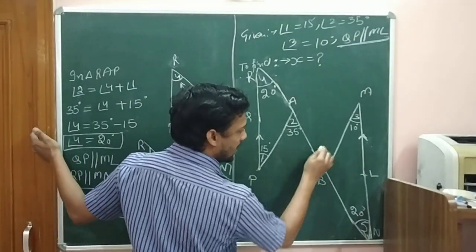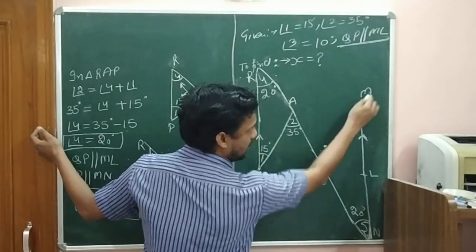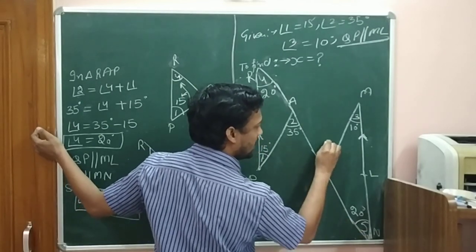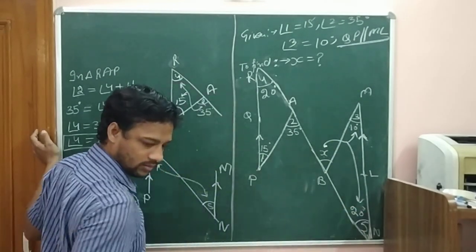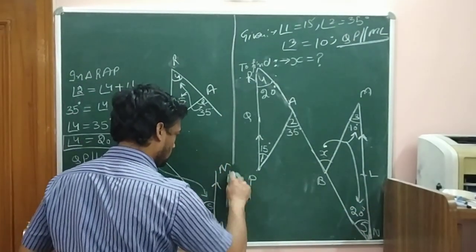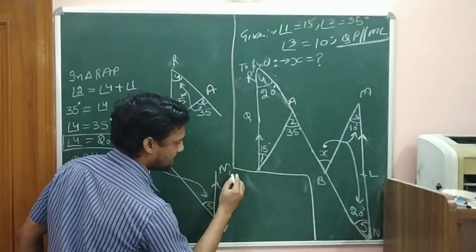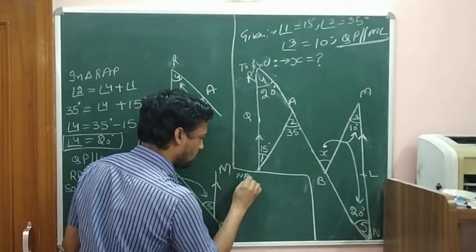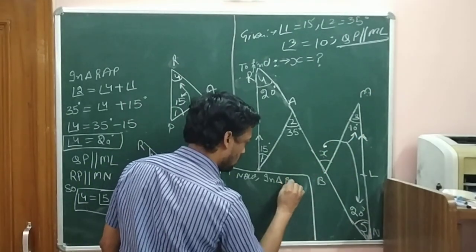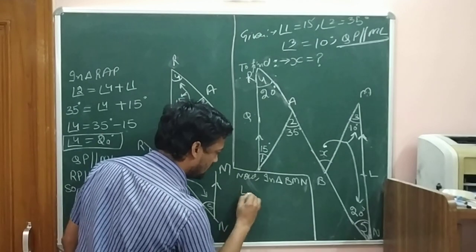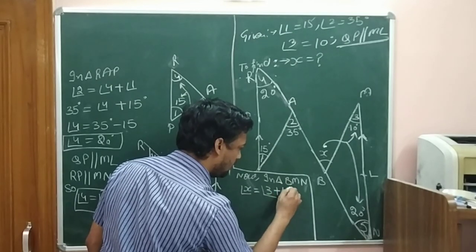Now how can you find x? X is again by the exterior angle property of a triangle MBN. What is angle x? Angle x equals the sum of the two opposite interior angles. So 10 plus 20 is 30 degree. Now in triangle BMN, angle x equals angle 3 plus angle 5.